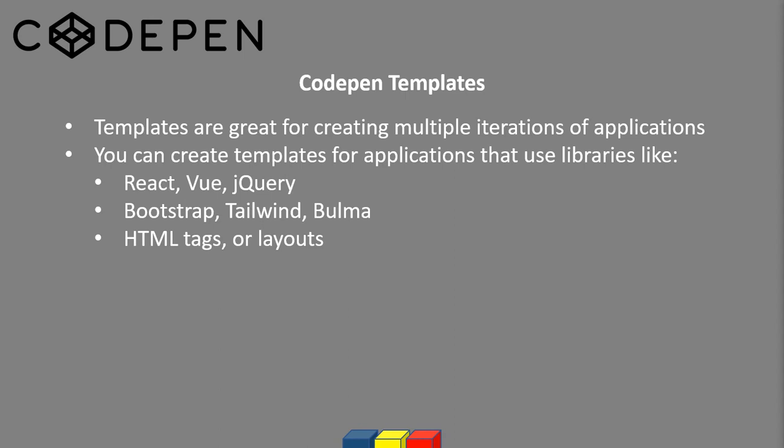You can create templates for applications that use various libraries such as React, Vue, jQuery, front-end frameworks like Bootstrap, Tailwind, Bulma, and then HTML tags or layouts. You can build these out so that you can return to CodePen and rebuild or build new things based on some preferences that you may like to have set up ahead of time. And we'll dive right into that.